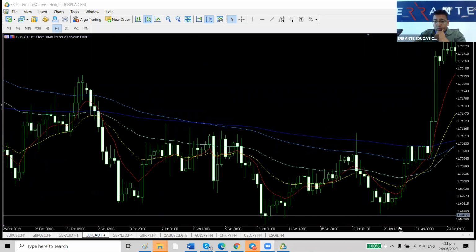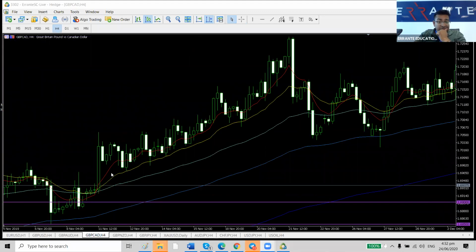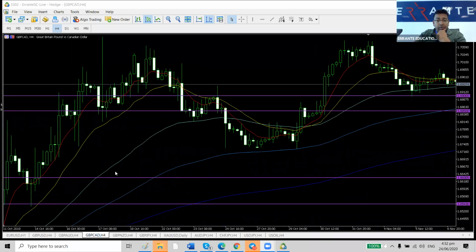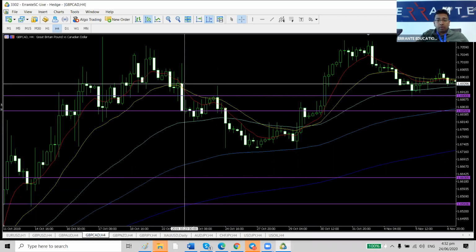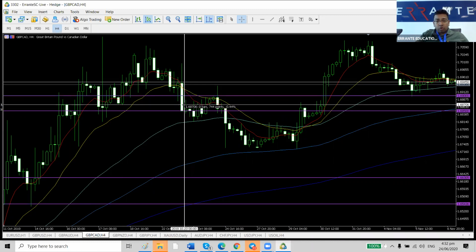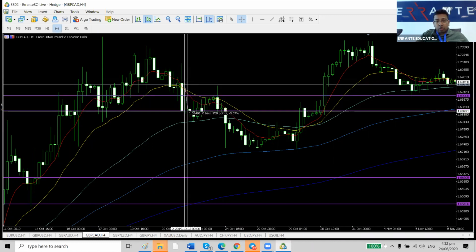We've got some support, equivalently strong. So here is where I think we have the most selling power. From the opening of this mother candle, going downwards, you could look at least 96 pips in this area.